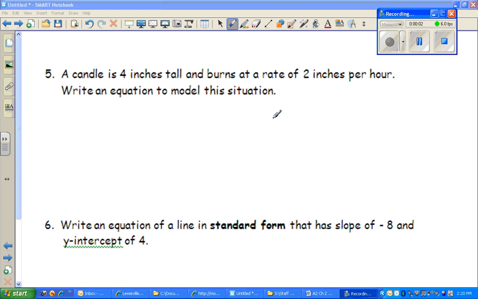Number 5, it says the candle is 4 inches tall and burns at a rate of 2 inches per hour. Write an equation to model the situation. So all we need to do is write an equation for this.